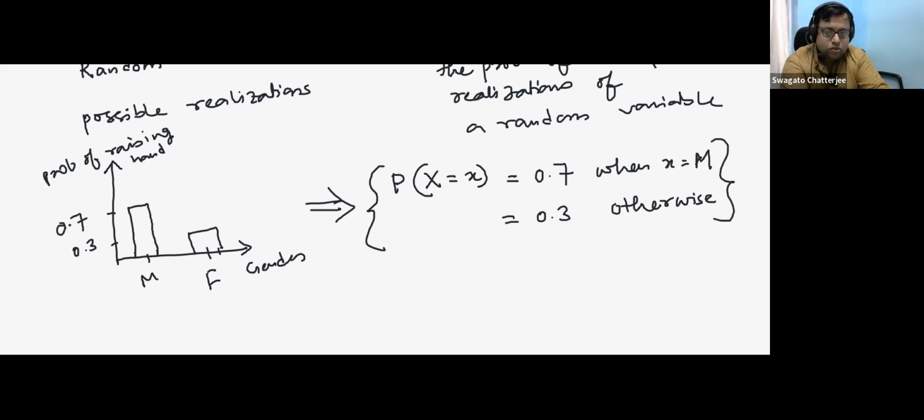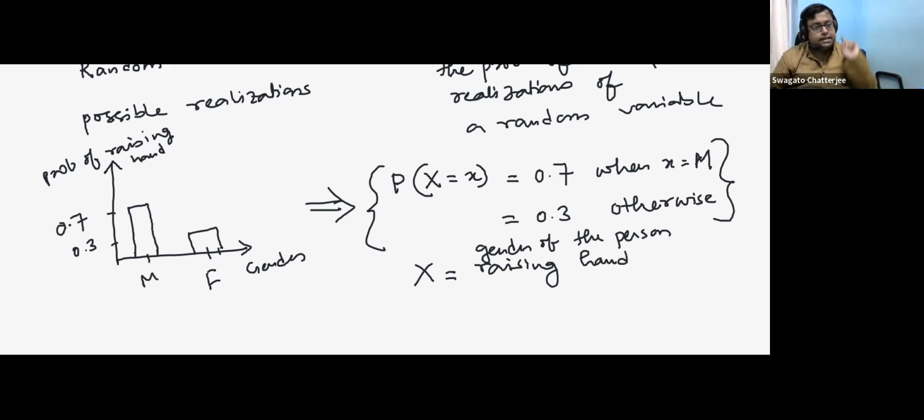This is also a probability distribution. X is the gender of the person raising hand. I don't know it till he or she raises the hand, but this is the distribution.